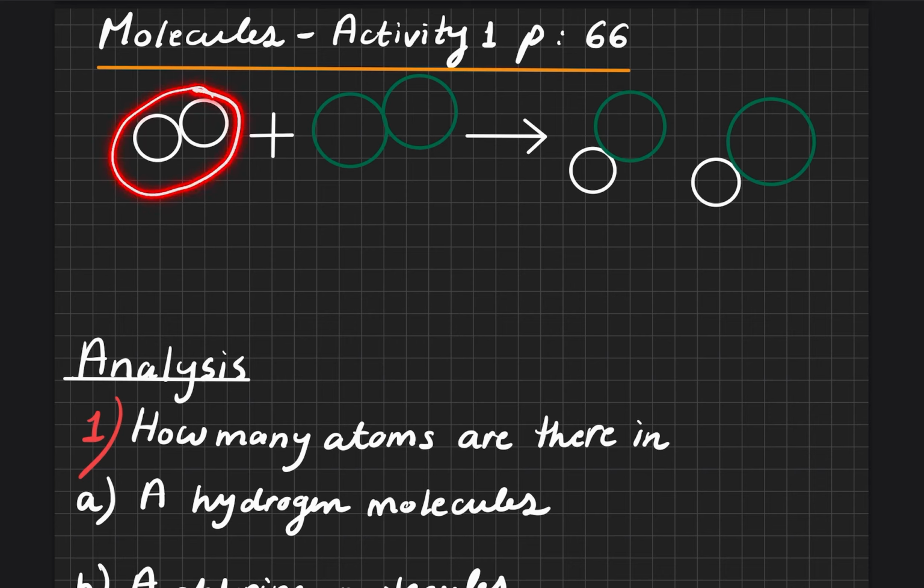So we can see that the hydrogen molecule is made up of 2 hydrogen atoms, and similarly the chlorine molecule is made up of 2 chlorine atoms, and they react together, and we can see that the product is another molecule which contains 1 hydrogen atom and 1 chlorine atom, and because we have 2 of each, we're going to end up with 2 molecules of hydrogen chloride.